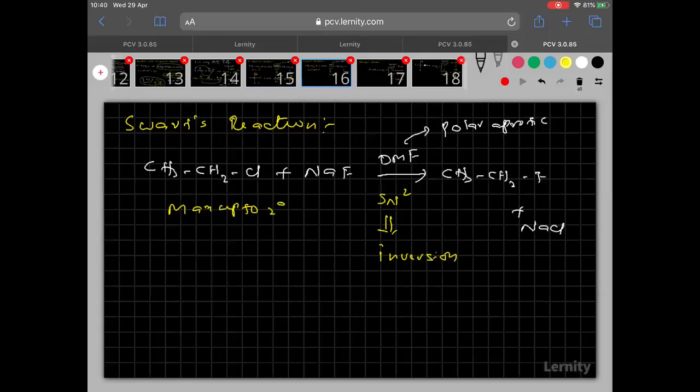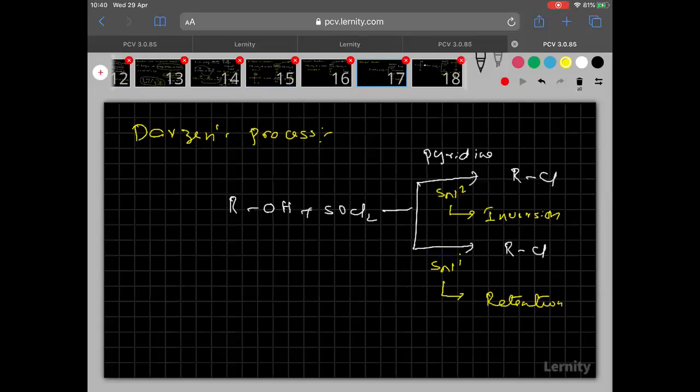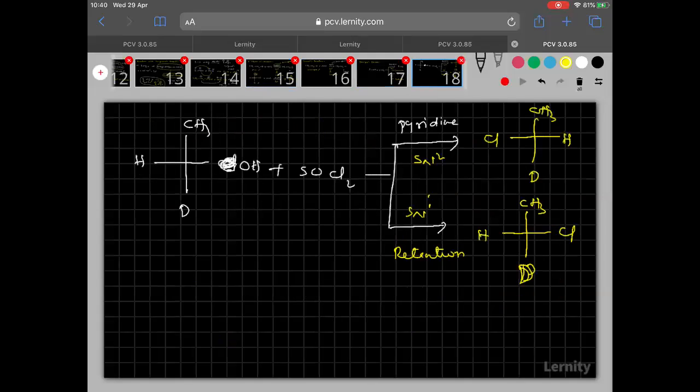Schwarz reaction, SN2. Darzen's process, where SN2 and SN1 both take place. And you see, this is one example for Darzen's process, with pyridine and without pyridine, both.